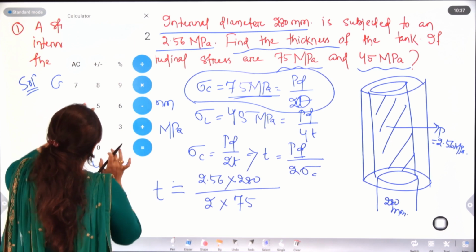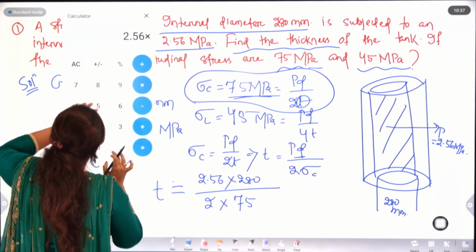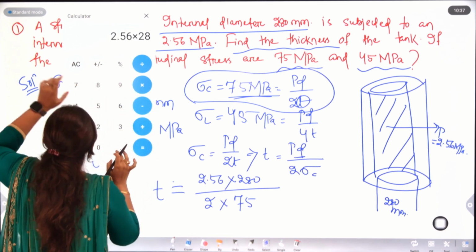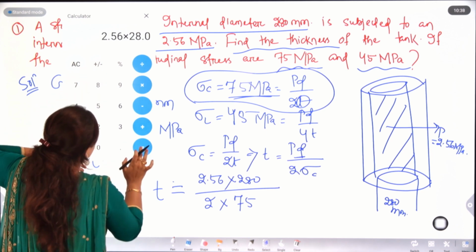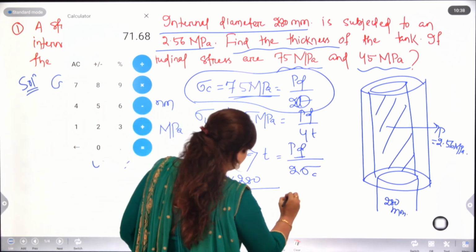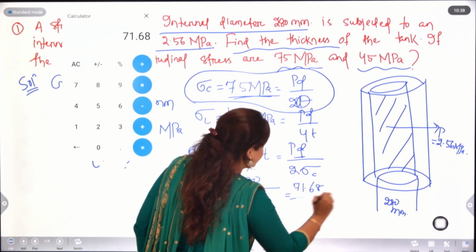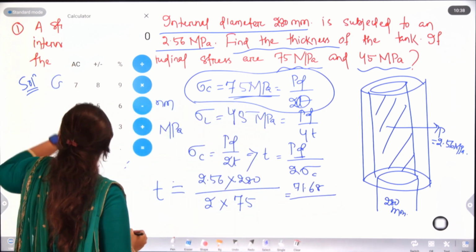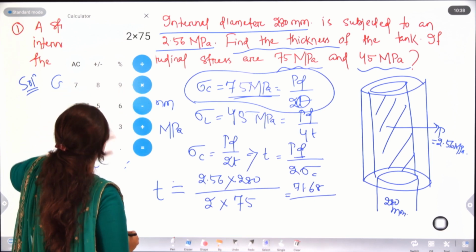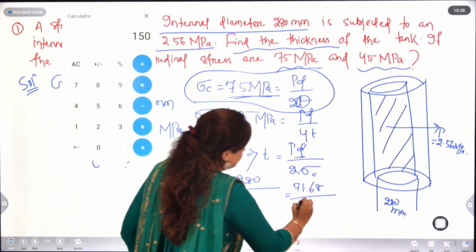So, 2.56 with 280 gives 71.68, divided by 2 into 75.